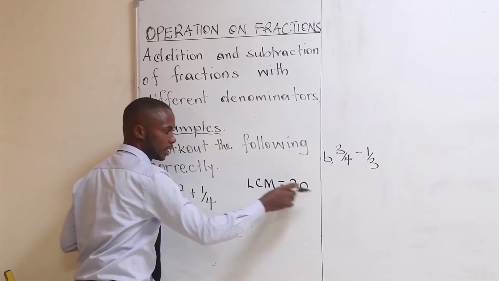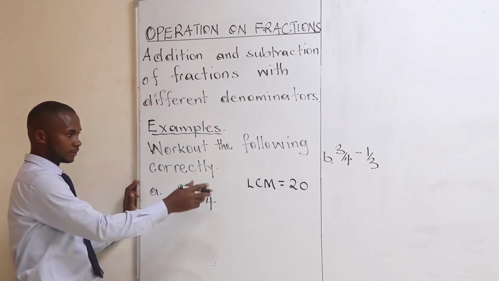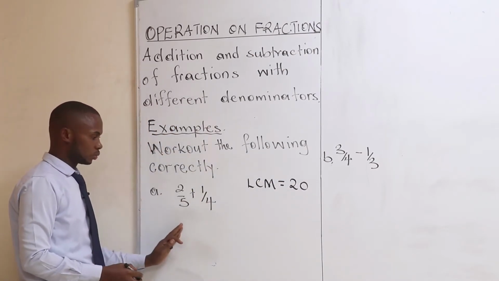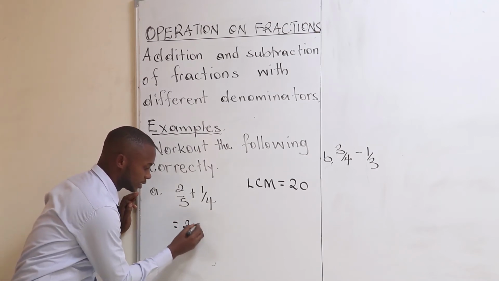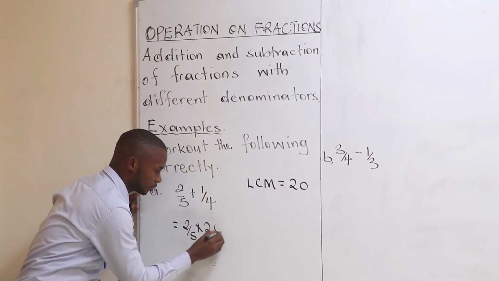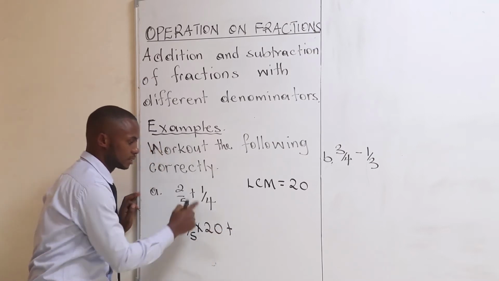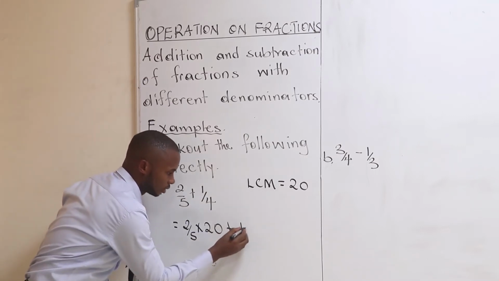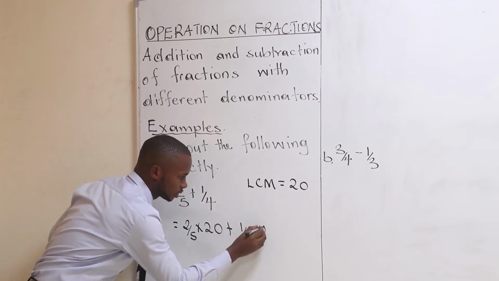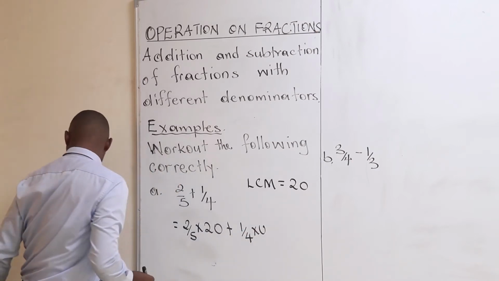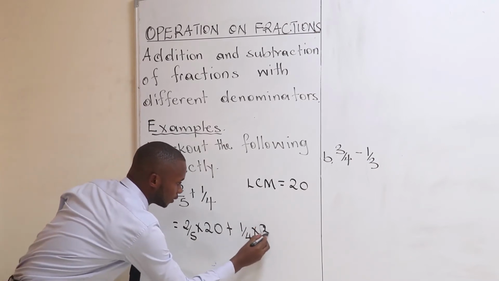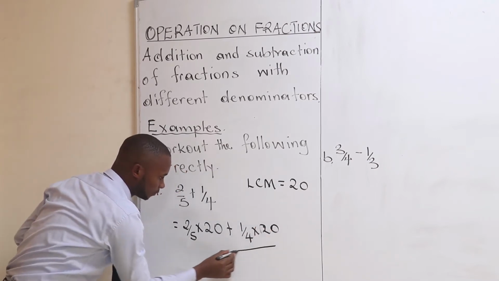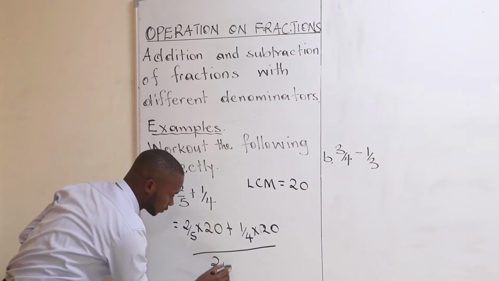After getting the LCM, what do you do? You say 2 out of 5 multiplied by the LCM, which is 20, then plus a quarter, still multiplied by 20. Then the whole thing is out of 20.